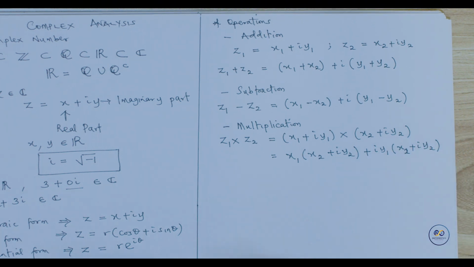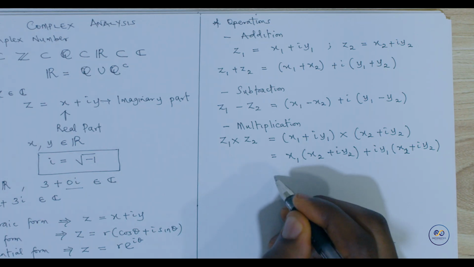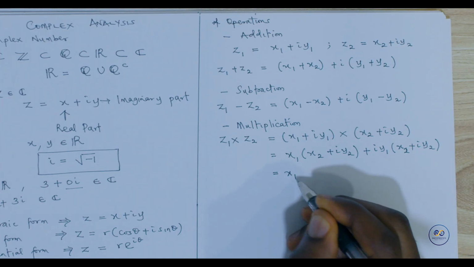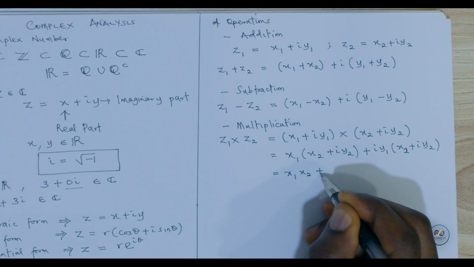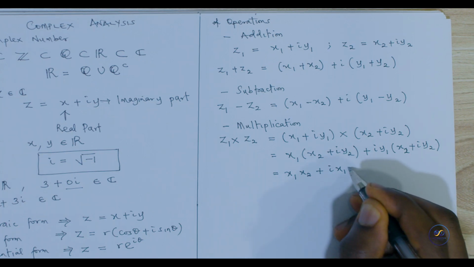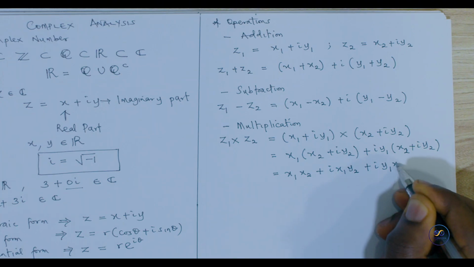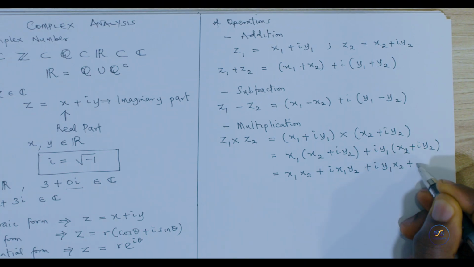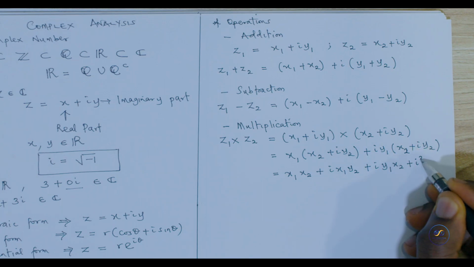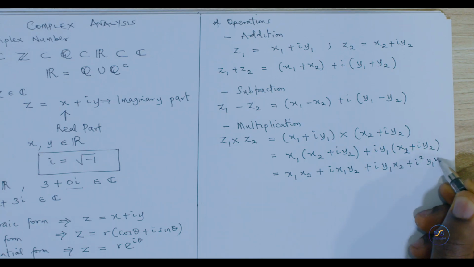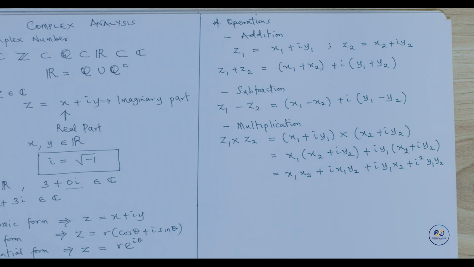The same way we do multiplication outside, if we were to carry out this multiplication and expand, we would have x1x2 plus i x1y2 plus i y1x2 plus i times i, which gives us i squared y1y2. This is the representation we would have for the multiplicative process.